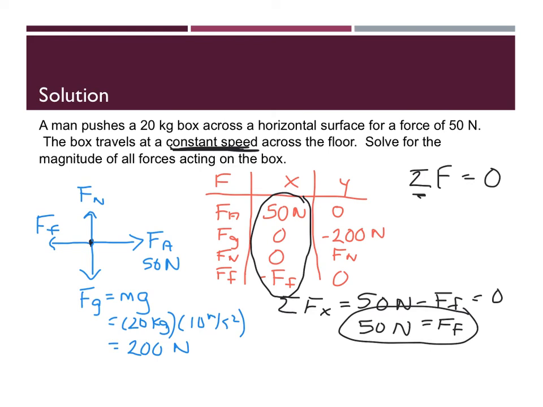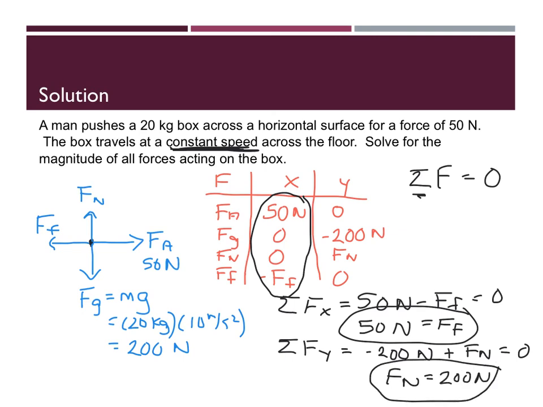The sum of the forces in the y direction are going to be the negative 200 newtons from my force of gravity plus the normal force, and I know again this sum is equal to 0. So again, solving this equation, negative 200 newtons plus the normal force equals 0, I get that my normal force equals 200 newtons.